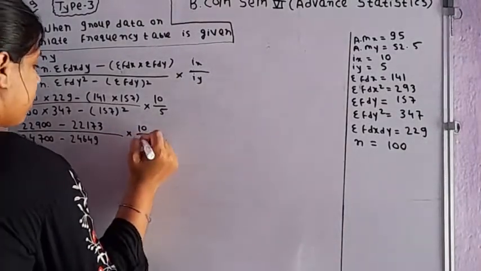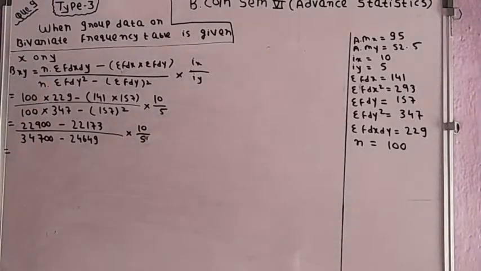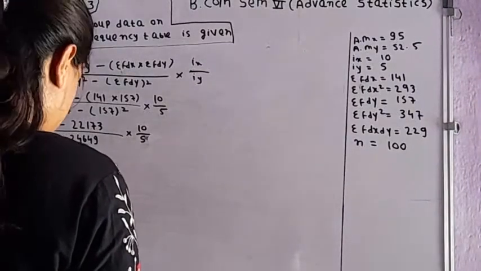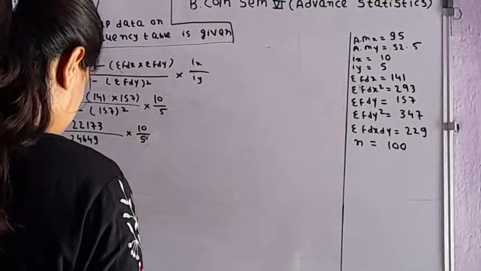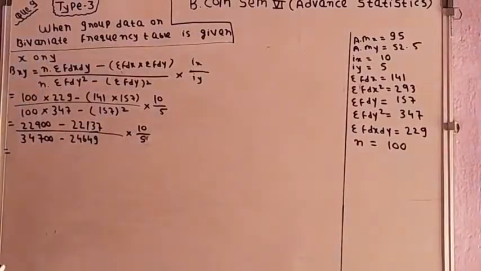Okay, 10 by 5. So here 22,900 minus 22,137, it comes to 763.